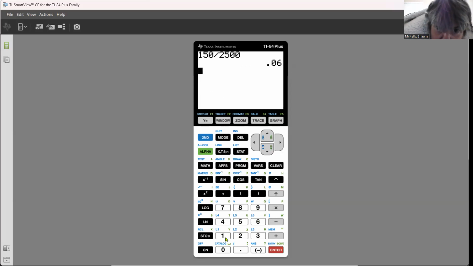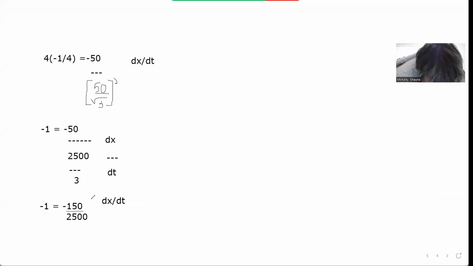So what I have here is, if I go back to this piece here, it becomes a negative 0.06. So I have, essentially I'm dividing by this. So now I have dx dt, and I'm going to flip my sides around.